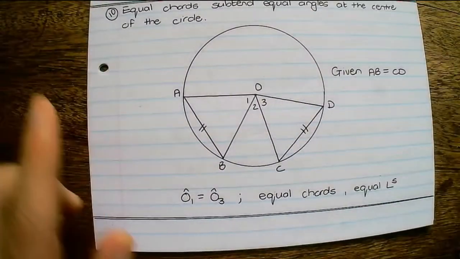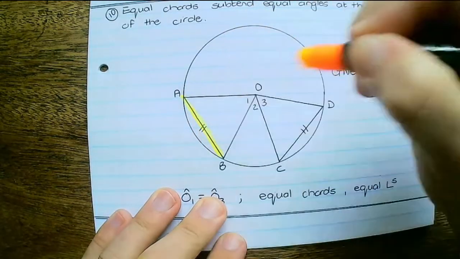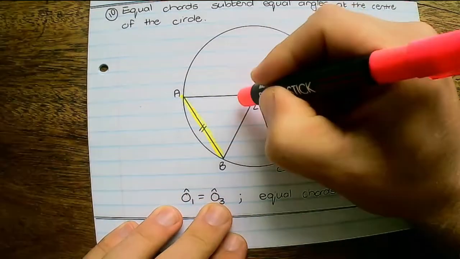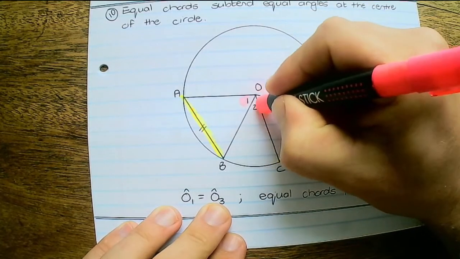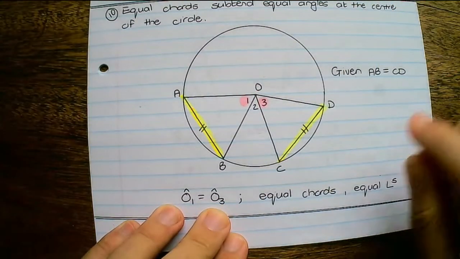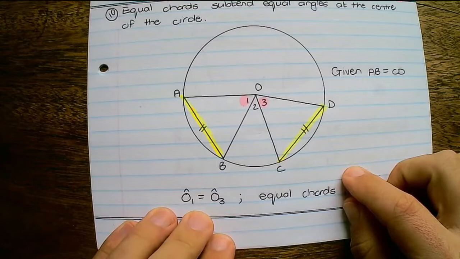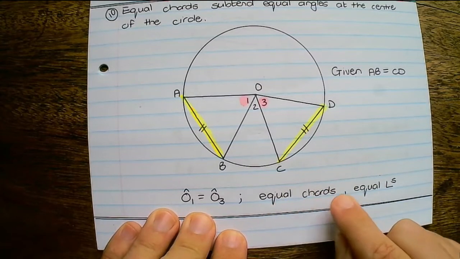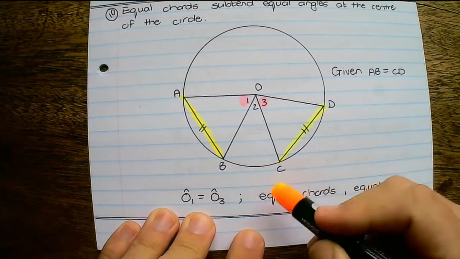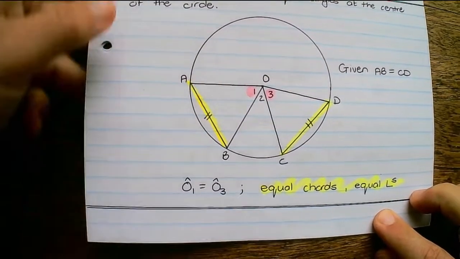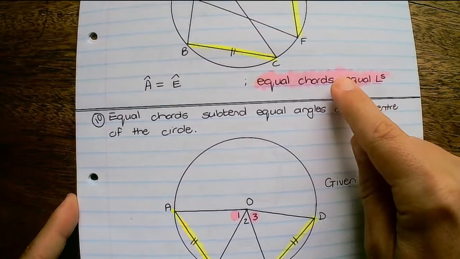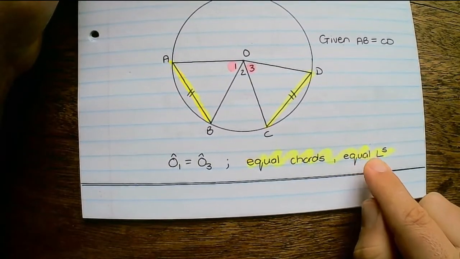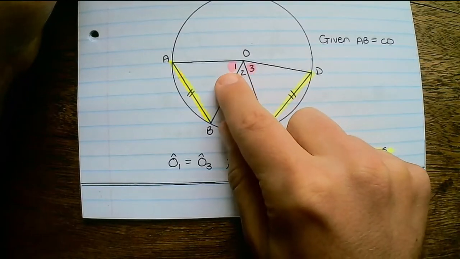Now we have equal chords, so AB and CD. They produce equal angles at the center of the circle. And our reason now is equal chords, equal angles, which is the same reason as our previous example. The only difference is the equal angles are now created at the center of the circle.